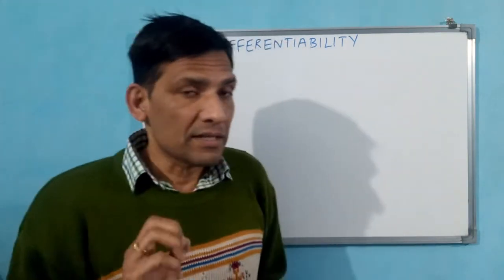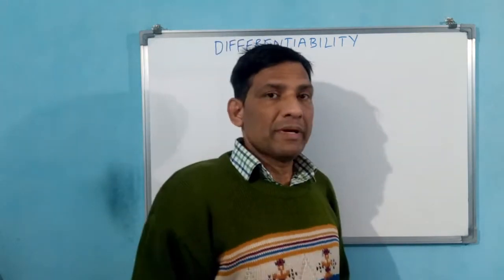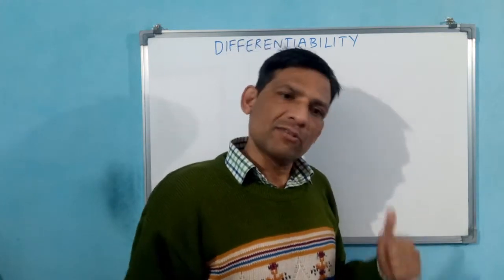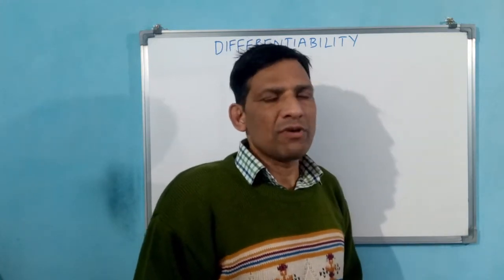What are those conditions? Before that, let us understand some words. Why? Because some concepts have come in class 11 NCERT. Now we are in class 12, and in class 12 we have already started continuity. At that time we started limits also.